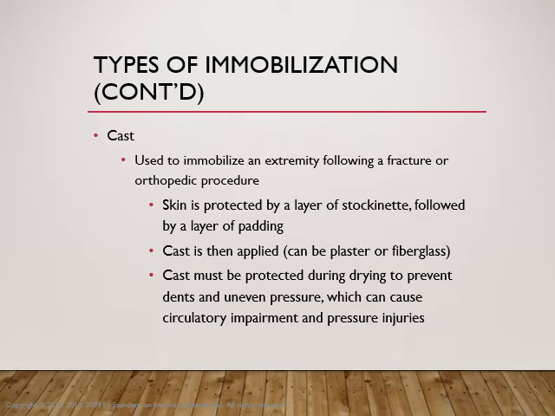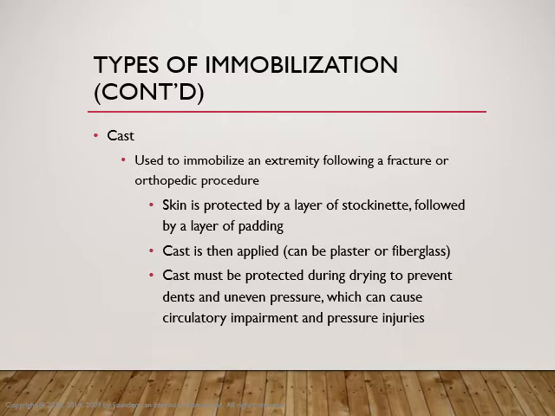Types of immobilization continued. Cast, used to immobilize an extremity following a fracture or orthopedic procedure. Skin is protected by a layer of stockinette, followed by a layer of padding. Cast is then applied.